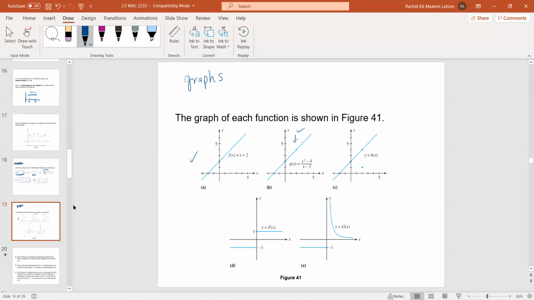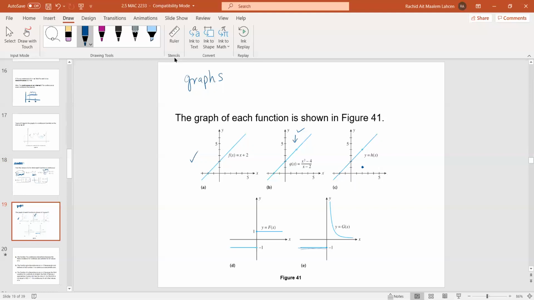As you see, there is a hole in the graph there, all right? As you see in this one, there is a hole in the graph, but it's defined at this point. And for D, we've seen similar, another one with similar behavior where it behaves one way on this side and another way on this other side.